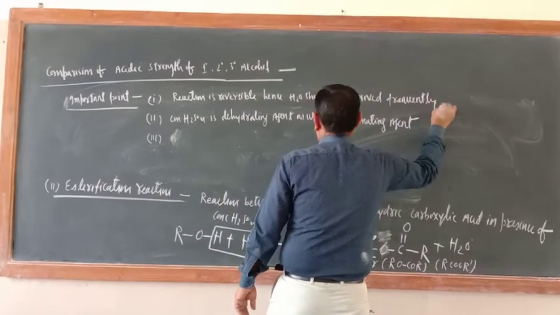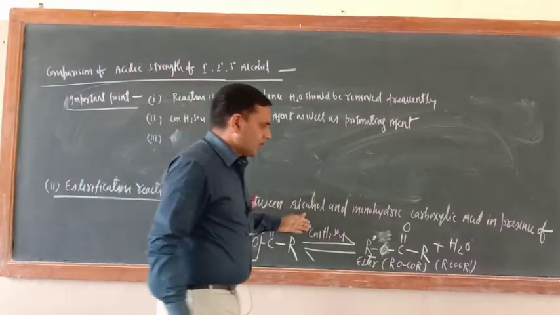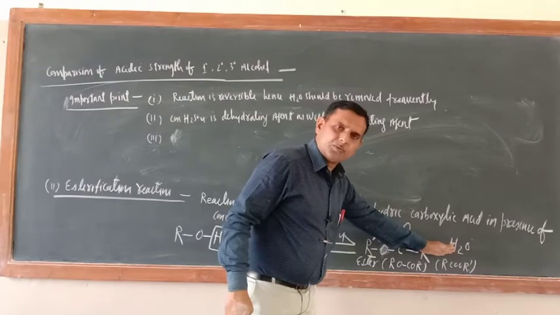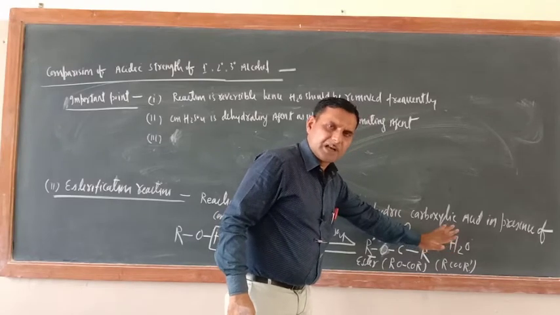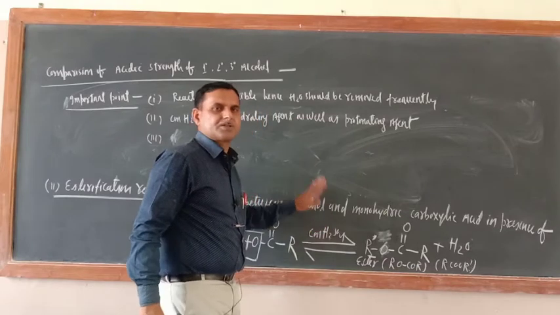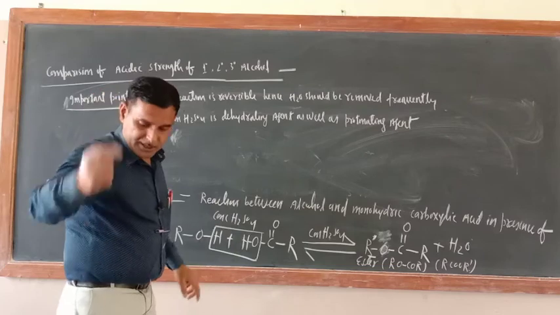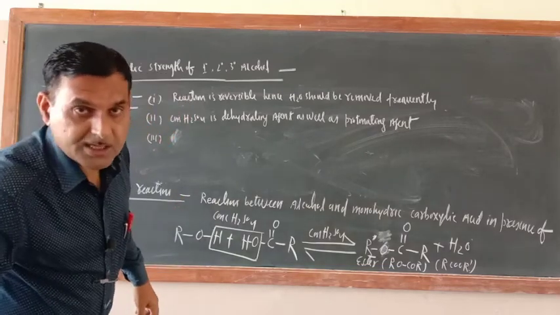Concentrated H2SO4 is a dehydrating agent, so it will absorb the H2O. That is why this reaction takes place here in presence of H2SO4. And what is the function of H2SO4? Each and every point is important. You should remember all small things.